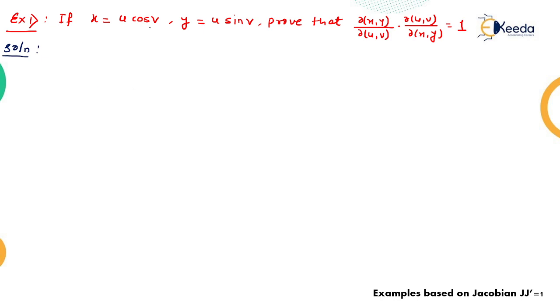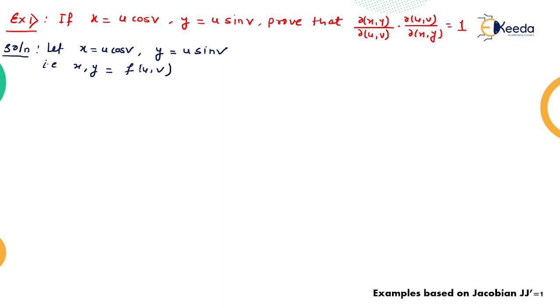So first you have to find ∂(x,y)/∂(u,v). Clearly it is given that x equal to u cos v, y equal to u sin v. So x, y are the functions of u, v.